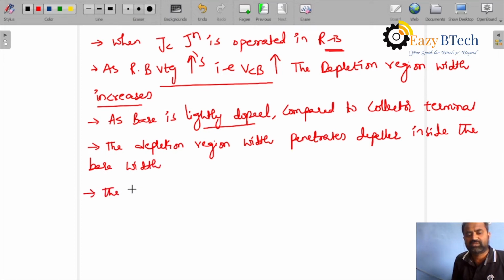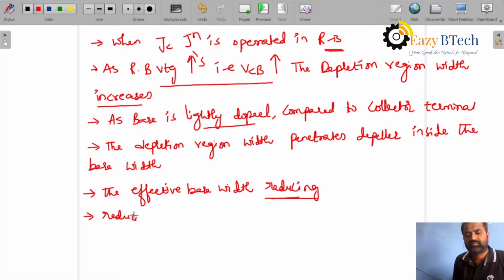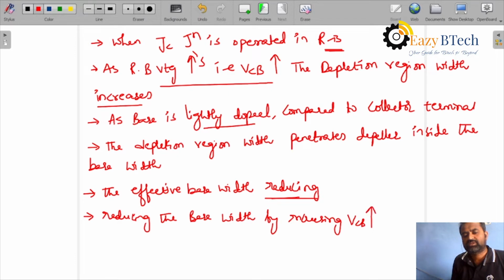The effective base width reduces. Reducing the base width by increasing VCB voltage is known as early effect.